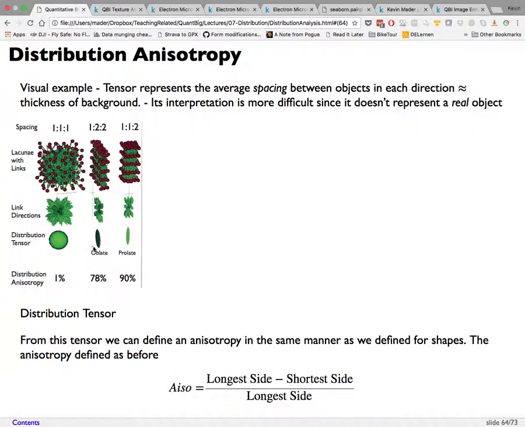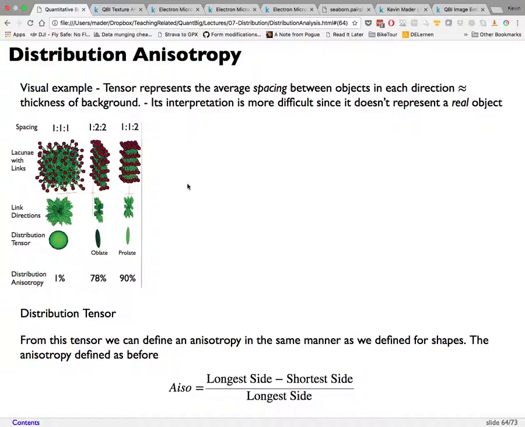We can quantify that by looking at the oblateness of this tensor and seeing that it's 78%, and that's what structure comes out. We can then do the same thing in the other direction, where you have a system that forms sheets, very close in two directions and very far apart in the other direction, and measure that with the same tool.